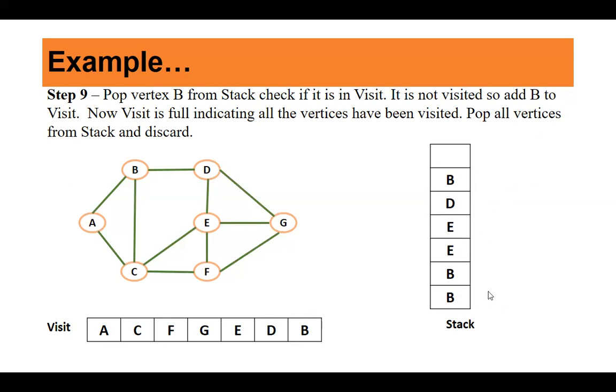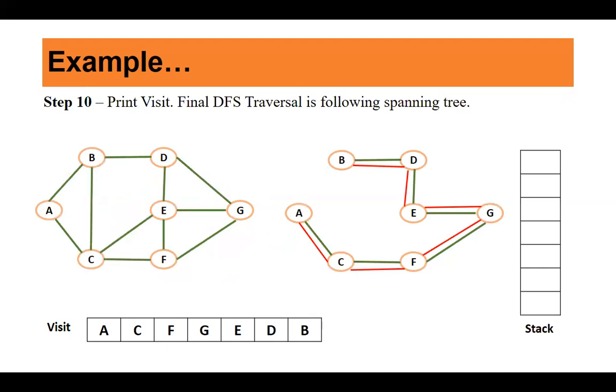So stack is empty. And now visit has the order in which the vertices are visited for depth first search traversal. Fine. So you can print this visit, which will give you the depth first traversal of this graph, and this spanning tree gives you the DFS, right?